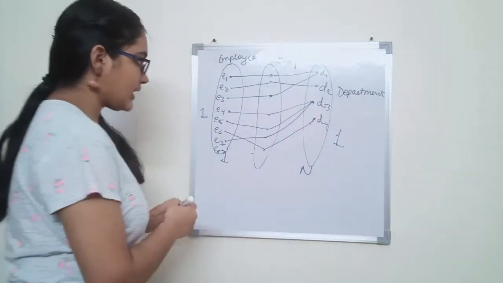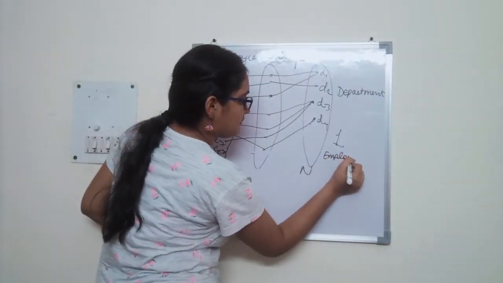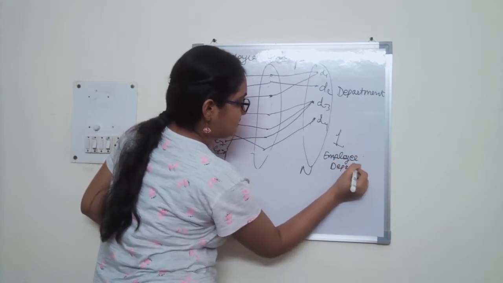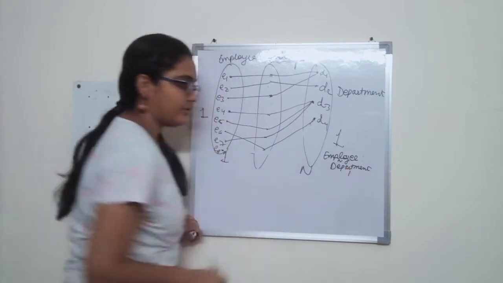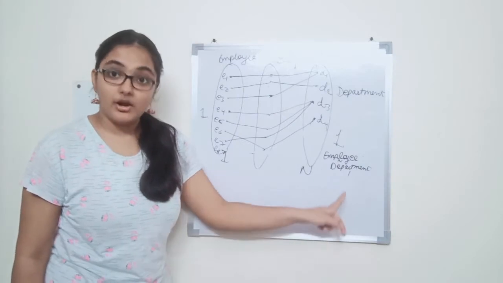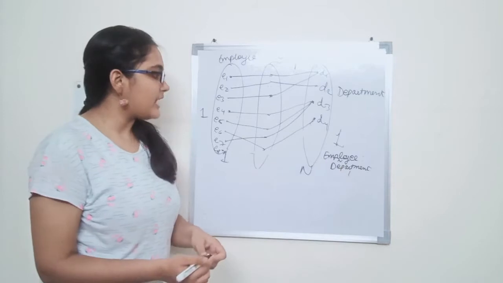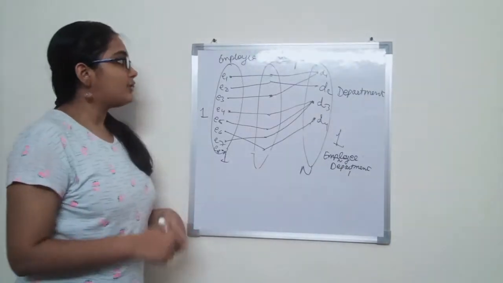Okay, so employee is n, department is 1, n:1. Okay, because n employees work for one department, or one department can have n employees. So that is about the cardinality ratio of this particular relationship.